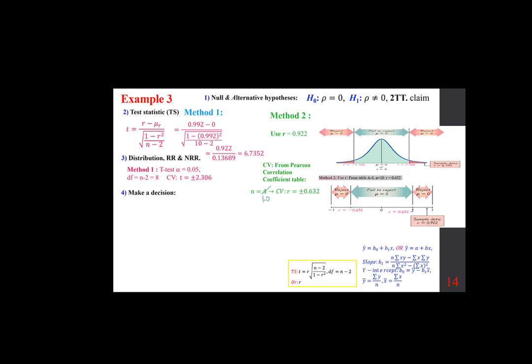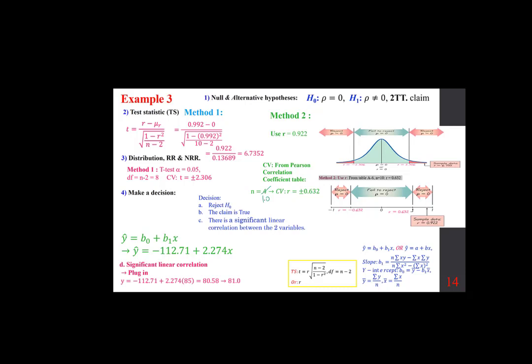And in both cases, as you can see, we end up with the same result. We reject H0, and so there is a correlation. Then we go through the process. We already have that, by the way. I just wanted to show you the test of hypothesis. There is a significant linear correlation.